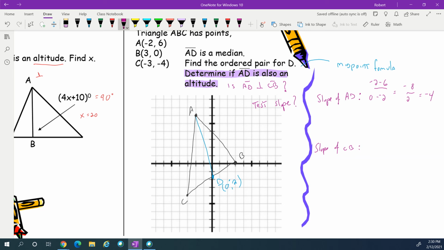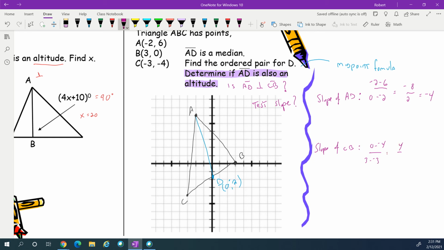Finding the slope of CB: y2 minus y1 over x2 minus x1.